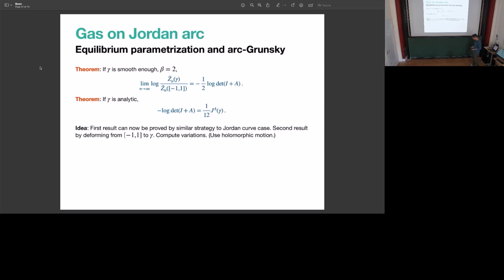And one very convenient tool in the case of a Jordan curve is that this Grunsky operator can be realized as an operator acting on some reproducing kernel Hilbert space of Dirichlet space. And this kind of stuff is not available here, at least that we know of. There's a lot less structure in this problem. Makes it a bit harder to deal with.